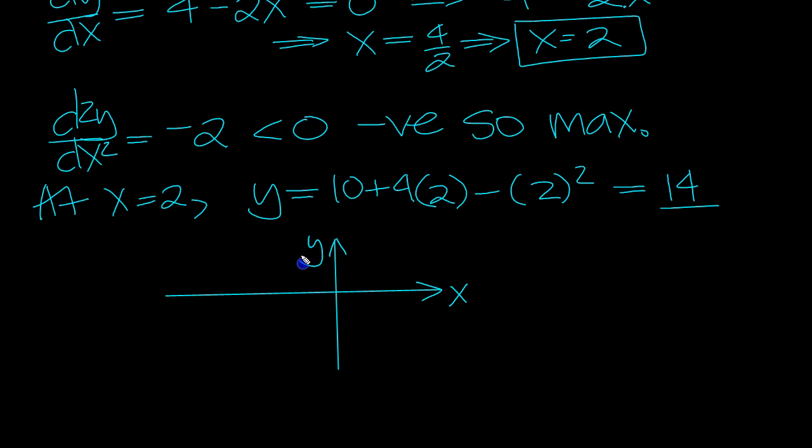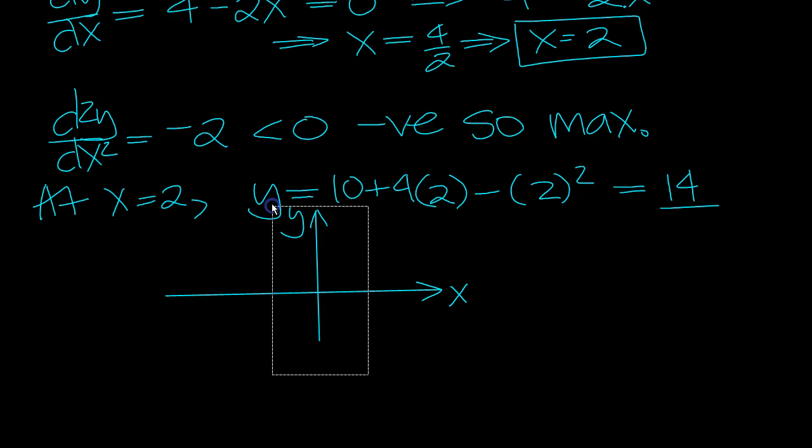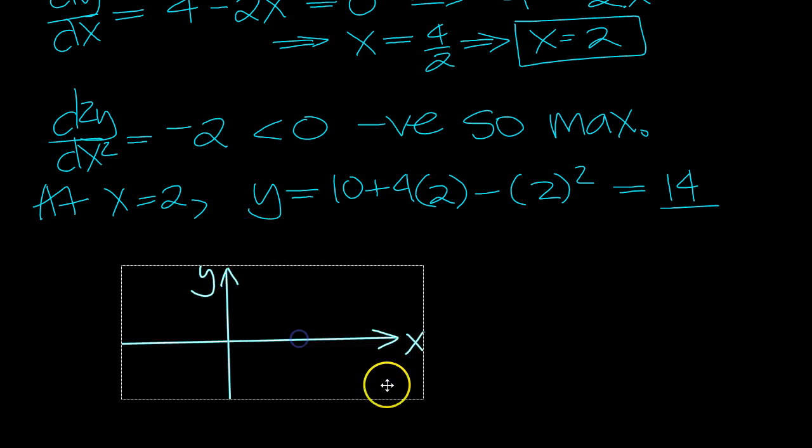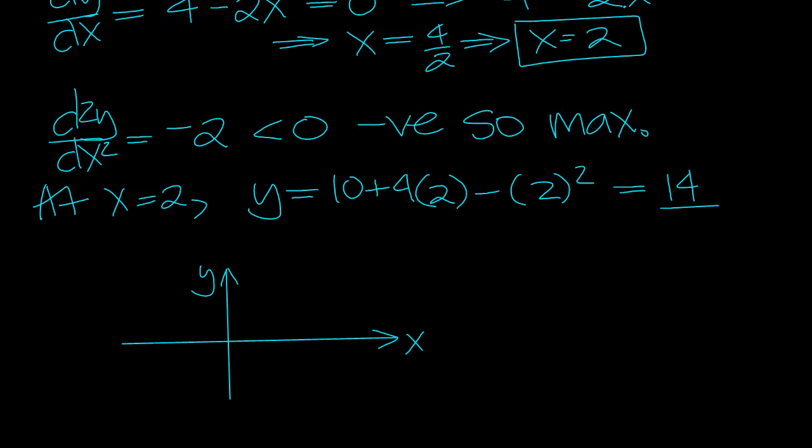I'll just move this one up and tidy it up slightly. Put it up there. Now I'll move that over slightly to here, and then I'll move the whole curve down a bit. There we go.